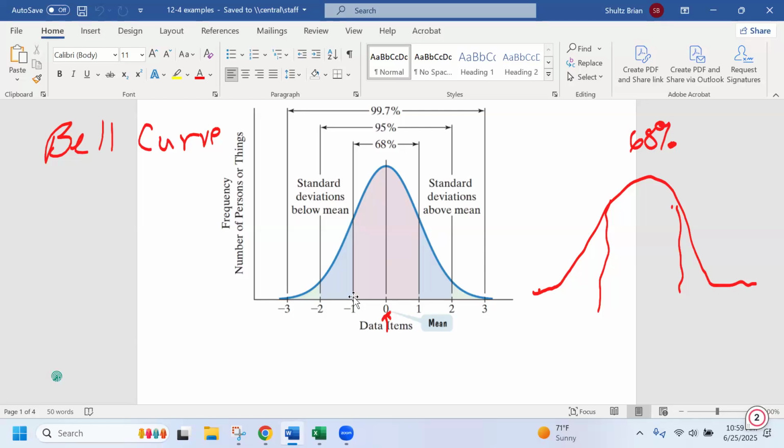That means that 68% of a class would get a C. That's all of these people in between here. These people out here in 2 standard deviations would get a D, and these out here, the last 0.3%, would fail. Same thing out on this side. 2 standard deviations would get the B, and then out here, they would get an A.